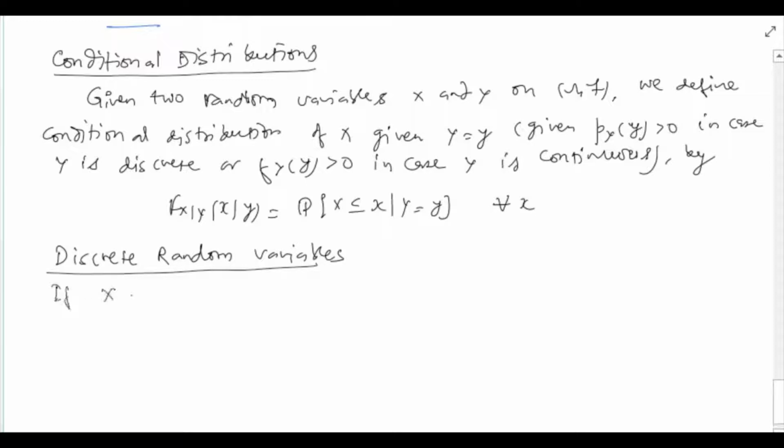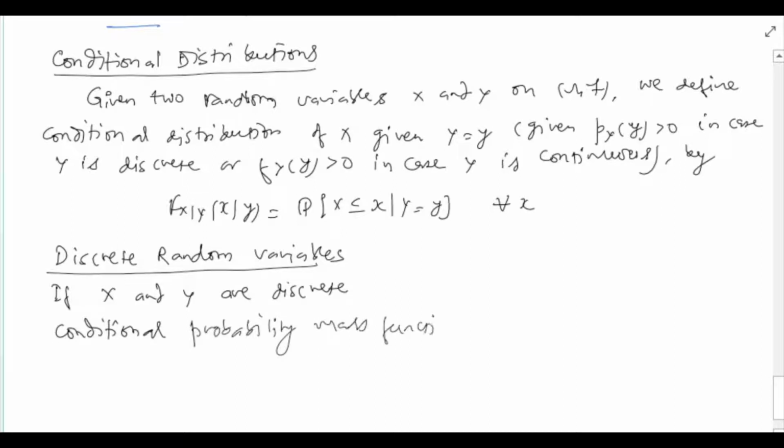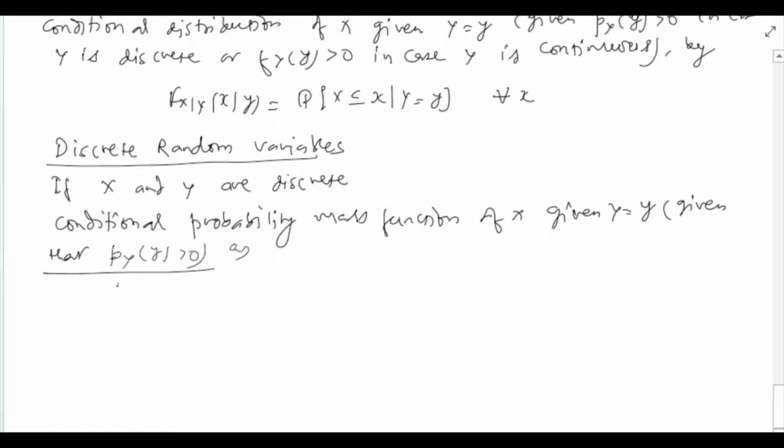If X and Y are discrete, then we can define the conditional probability mass function of X given Y equals small y, and of course this is given that the probability mass function of Y at y is strictly positive, as p_{X|Y}(x|y) equal to p_{XY}(x,y), that is the joint probability mass function, divided by the marginal probability mass function of Y, for all x.